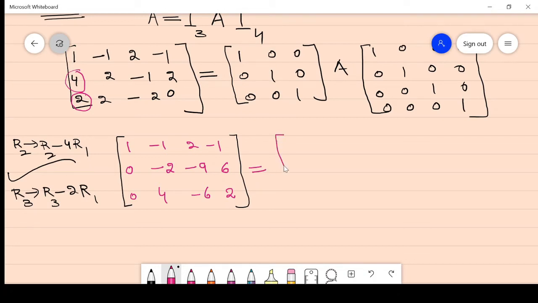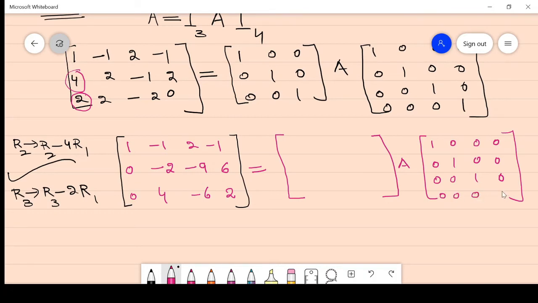Because in the first step we applied a row operation, it affects only the first matrix. So the second matrix will be the same, 0 1 0 0 0 0 1 0 0 0 0 1, and the effect will be on this matrix.